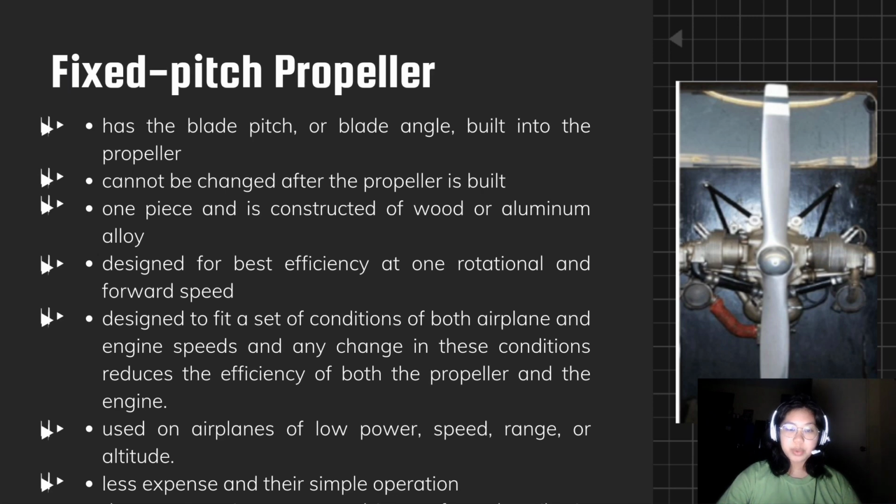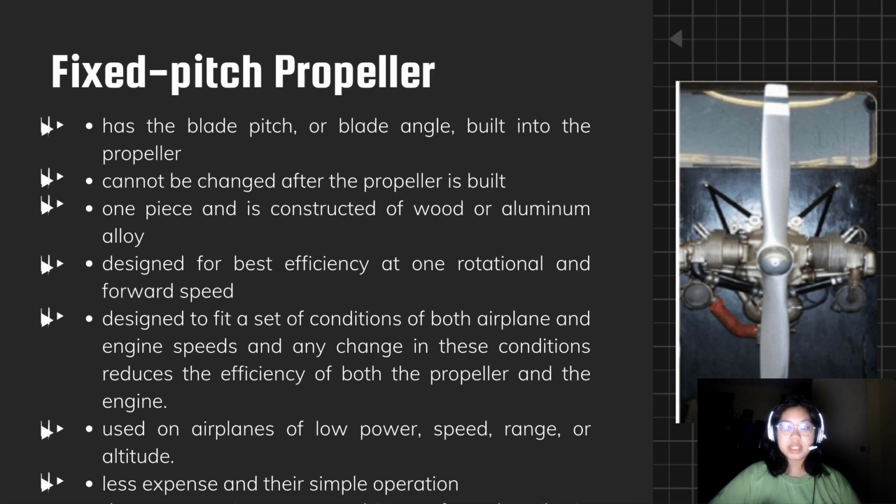Relating to what I said earlier about how this propeller is a compromise, a fixed pitch propeller is designed for a particular aircraft, mostly the smaller ones, to produce optimum efficiency at a specific rotational and forward speed.